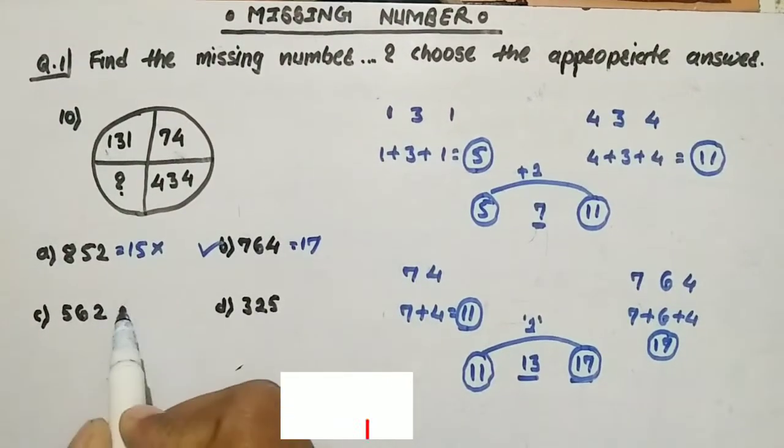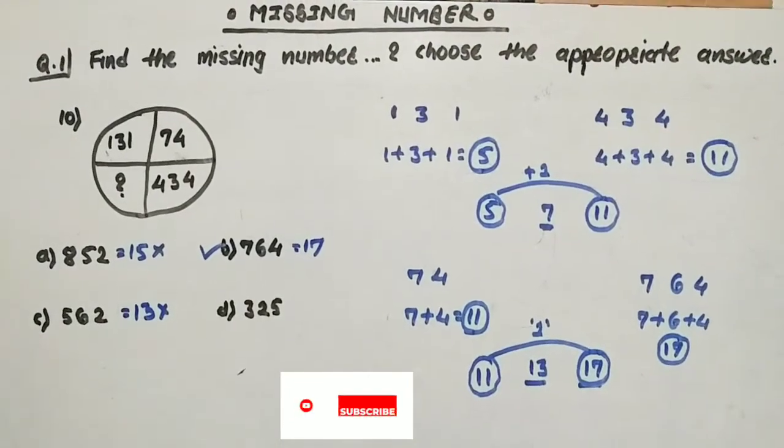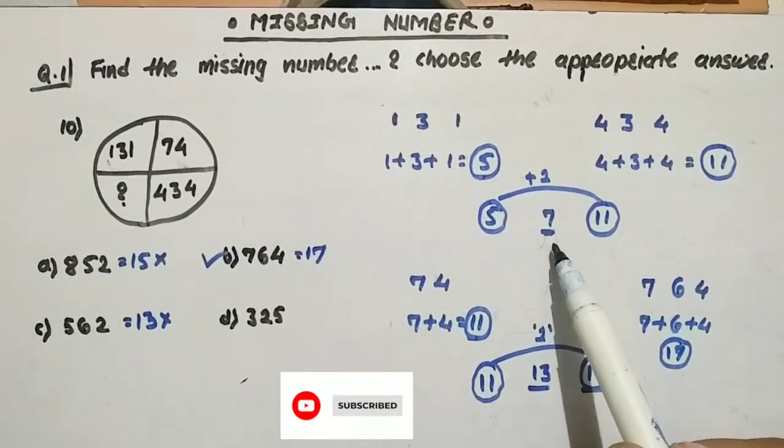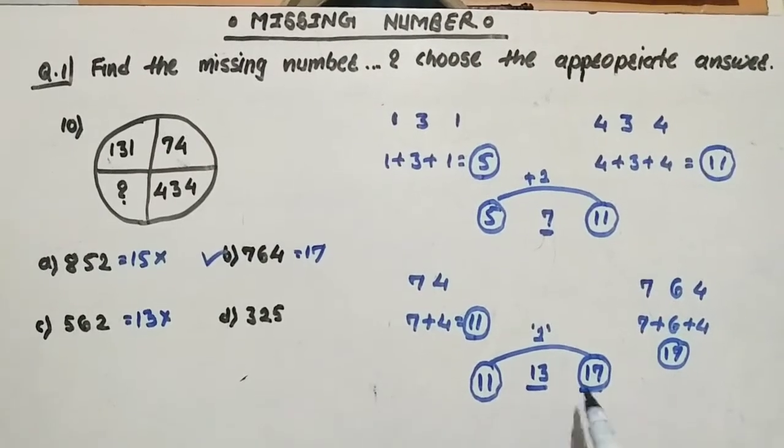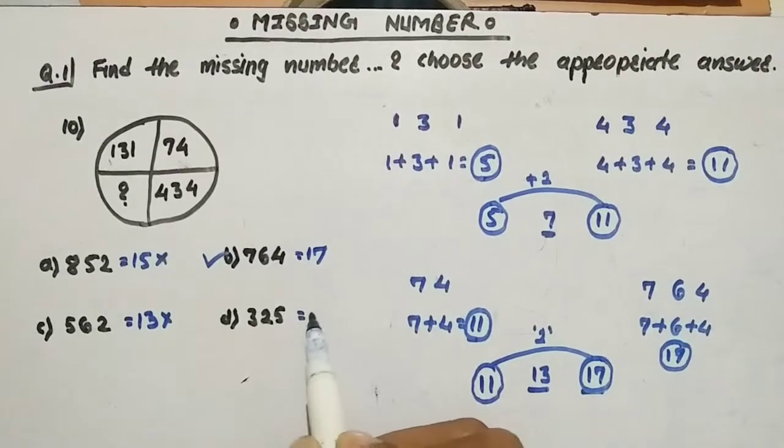Otherwise 5 plus 6 is 11, 13 is a prime number but not chosen. Why? Because we skip one prime number, so that's why we choose 17.